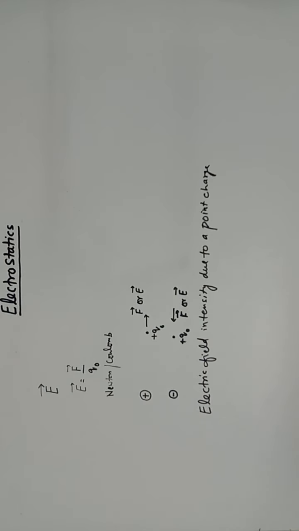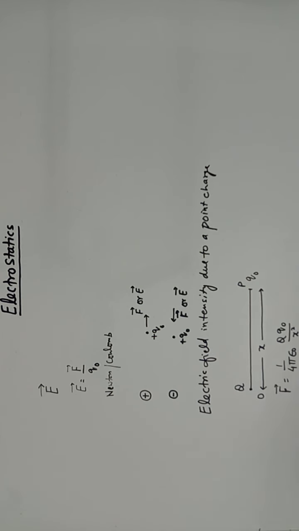Suppose we have to calculate the electric field intensity at any point P due to a point charge Q at O, where OP is equal to X. Imagine a small positive test charge Q naught at P. According to Coulomb's law, the force on charge Q naught at P is given by F is equal to 1 upon 4 pi epsilon naught, Q Q naught upon X square.